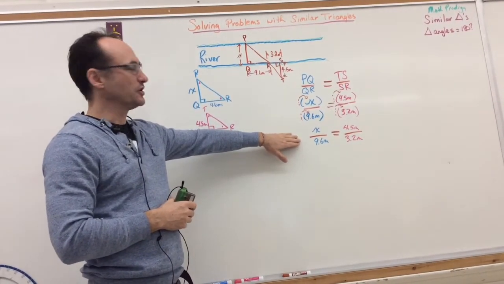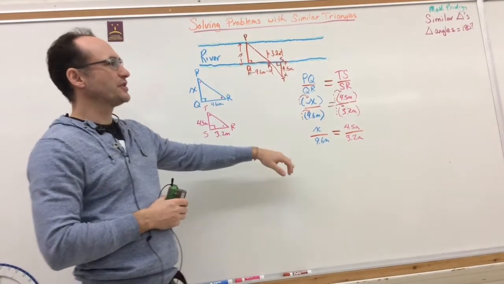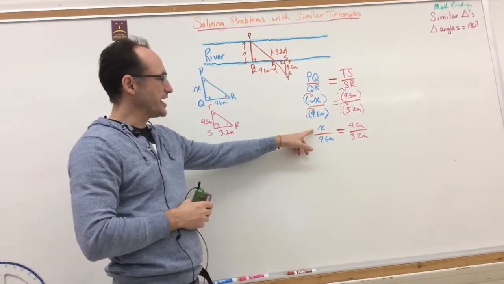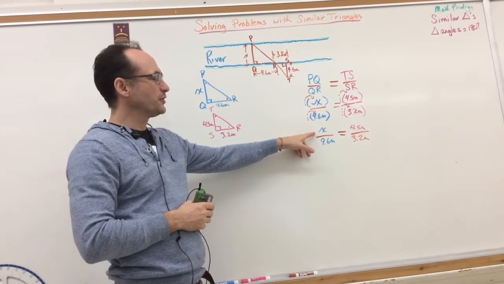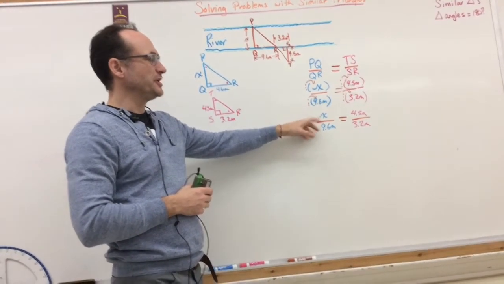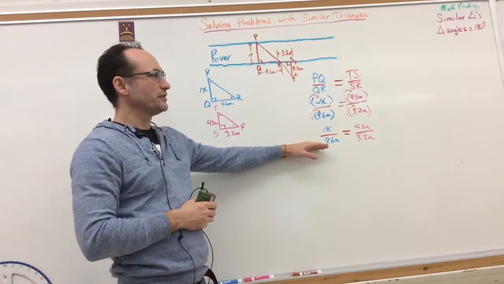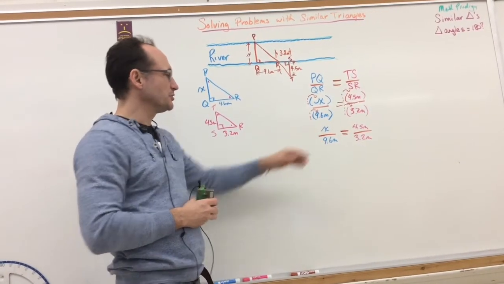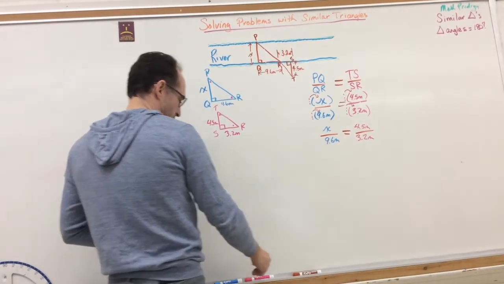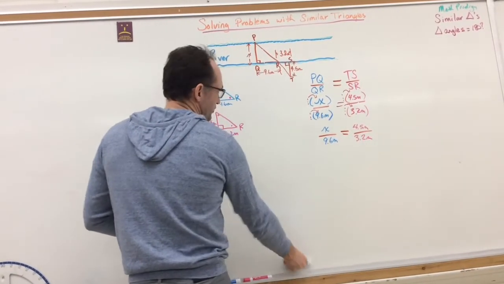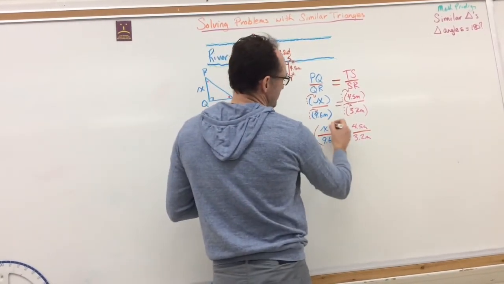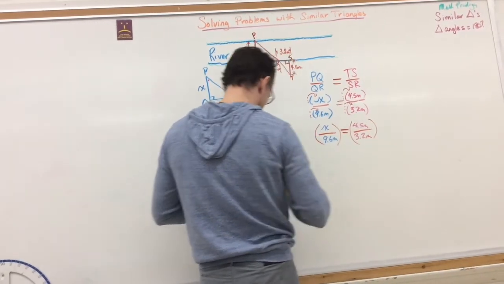At this point, you are now left with a very simple algebraic equation where you're going to solve by multiplication. The reason you have to solve by multiplication is because you want to get the x all by itself. Unfortunately, the x is being divided by 9.6 meters. In order to solve for x, you have to do the opposite, which is multiply by 9.6 meters. So I'm going to put brackets around both sides because I'm going to be multiplying.